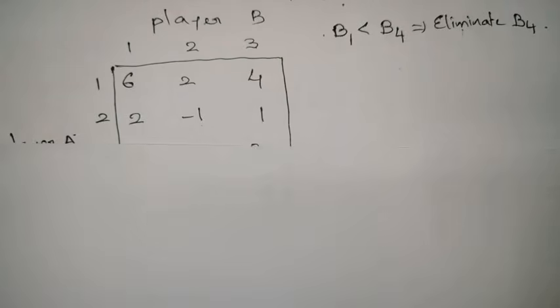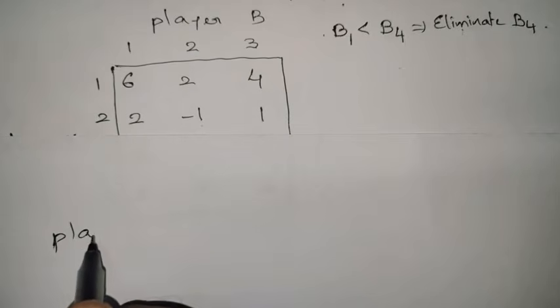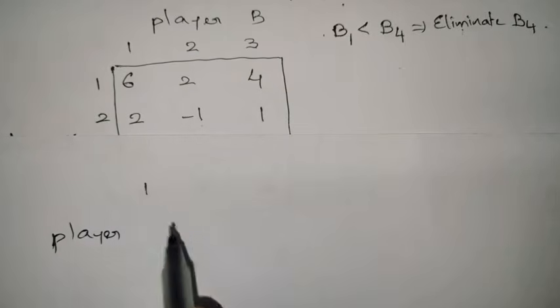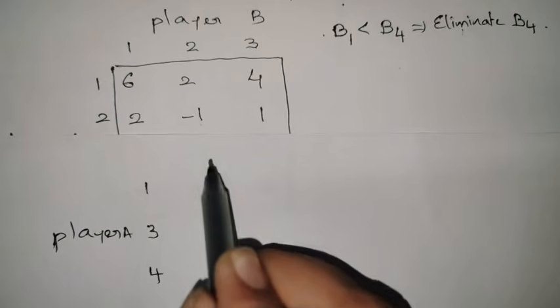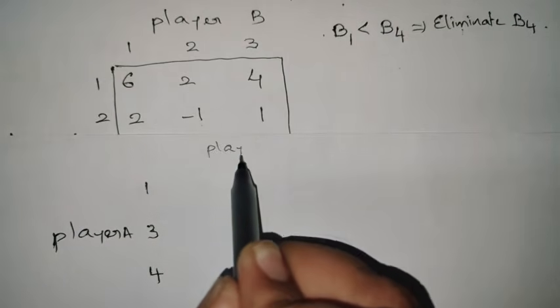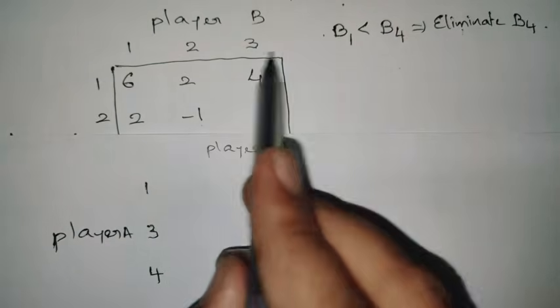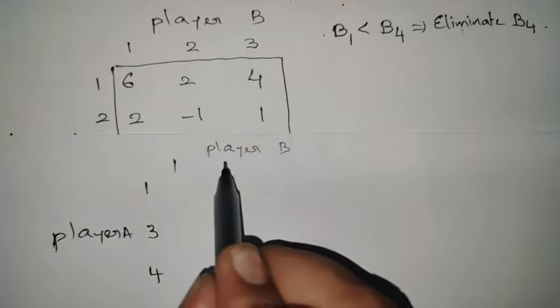So I am writing the player A strategies as 1, 3, 4, eliminating 2. This is for player A. For player B, already 1, 2, 3 are there. We are not eliminating any column.